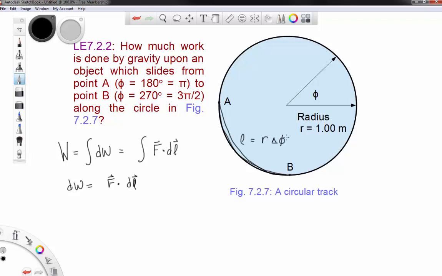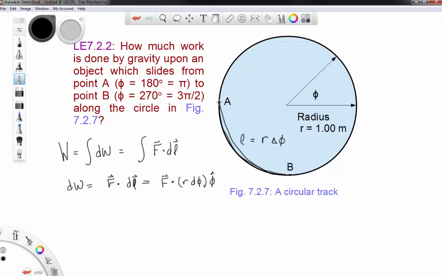We learned about that in the rotational motion segment. So this is basically another way of saying F dot, we'll call it r d phi, times, for lack of a better vector symbol, I'm just going to write phi hat.